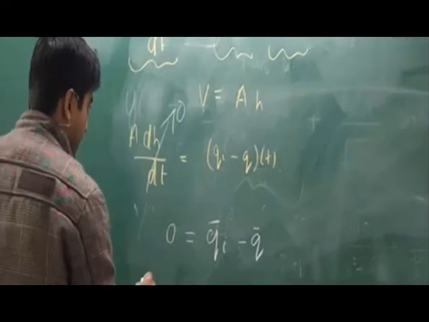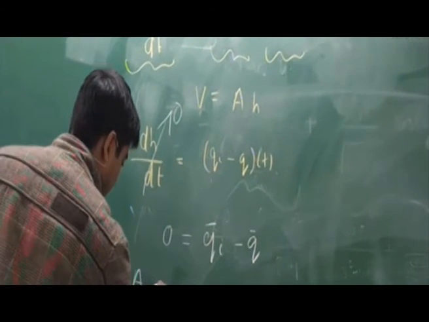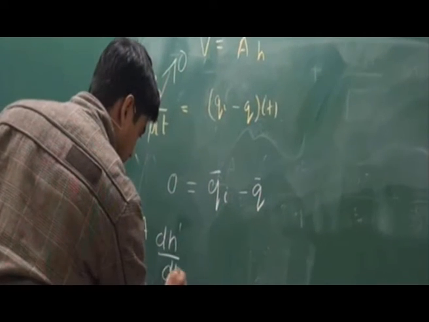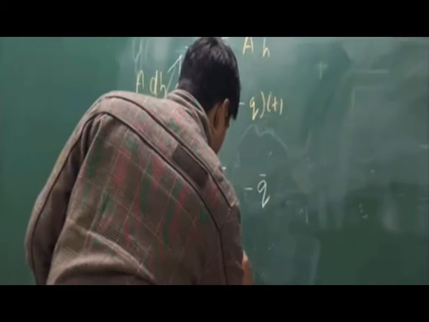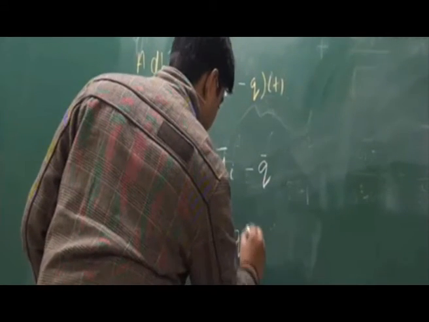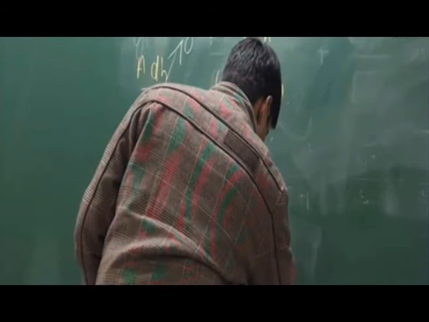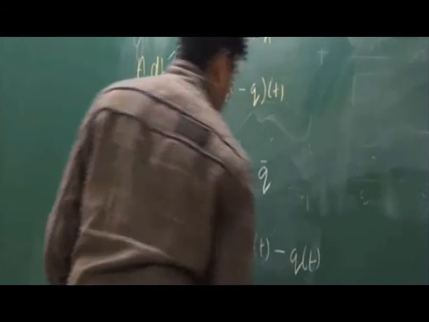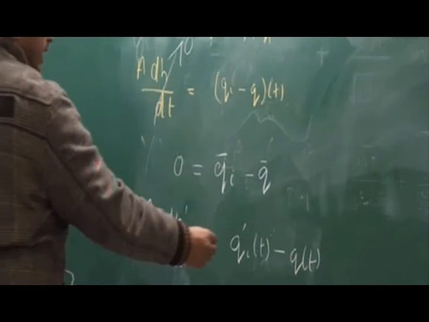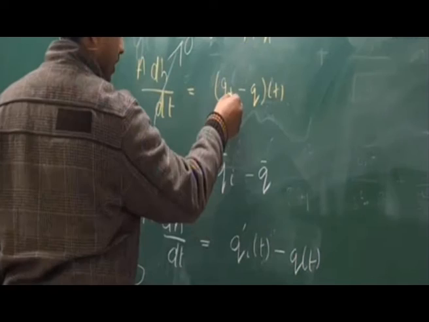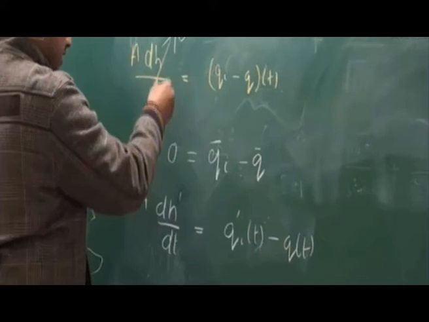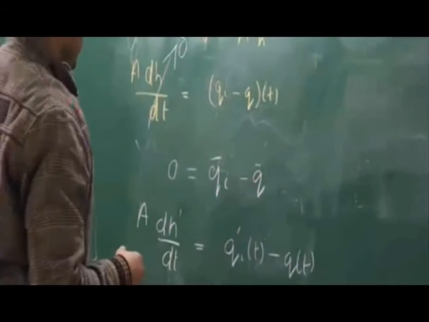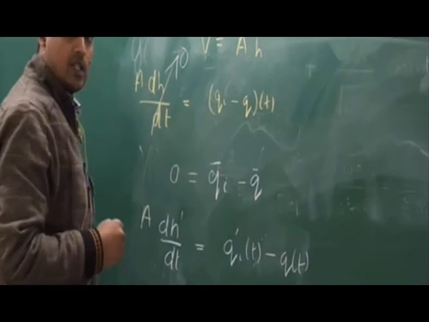Now if I subtract this equation from this one, I would have, where all the dash variables represent the difference between the variables and their steady state. Here, the steady state of height is of course going to be 0 once you take the differential.